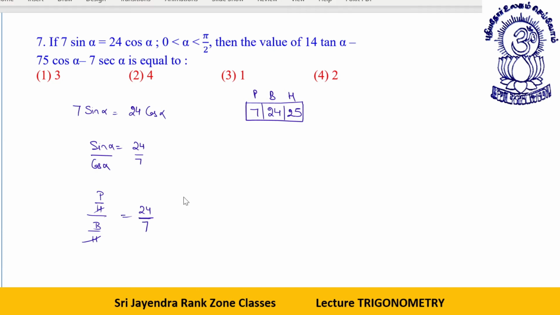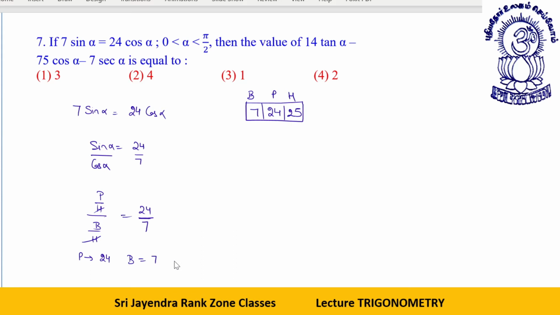So P you have 24. This is base and this is the perpendicular. Base you have 7 and H you have 25.